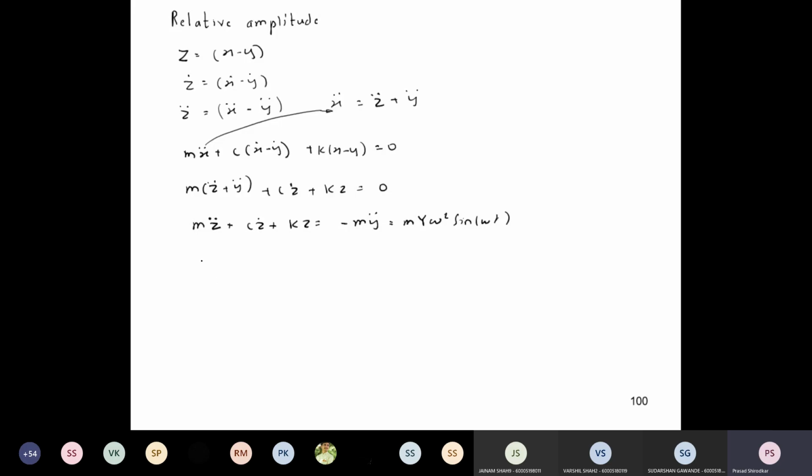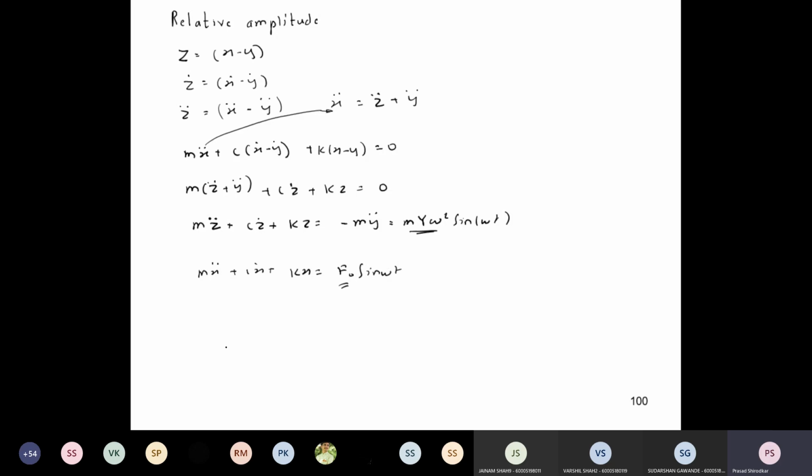So this becomes again our standard form, which is m x double dot plus c x dot plus k x is equal to f0 sine omega t, where f0 is the coefficient of sine omega t.